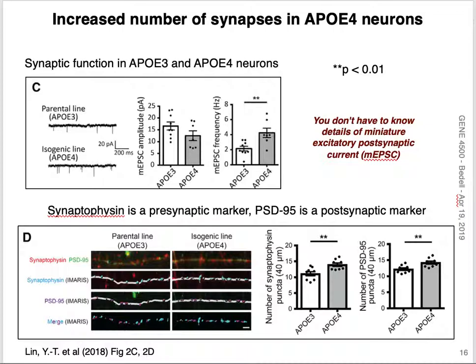Another thing I like about this study: not only were they revealing from this analysis that there was altered synaptic function with respect to the APOE genotype, they're following it up. Well, if this is true, if this is real, they should see a difference in the quantities of these two markers. One of them is pre, the other one is post.